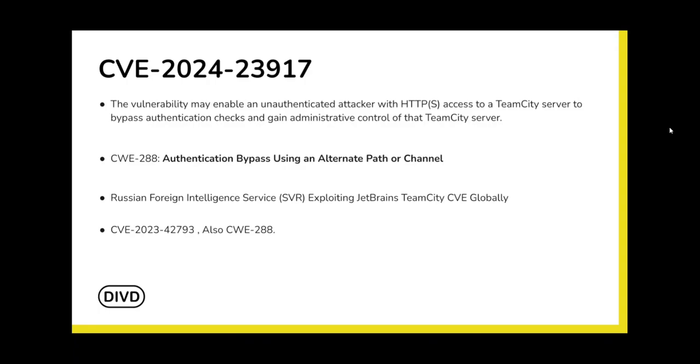And this one was problematic because intelligence was pointing out that the Russian Foreign Intelligence Service was actively exploiting this CVE to actively get access positions on TeamCity servers. So this was a real thing that was used by the Russian Foreign Intelligence Service.